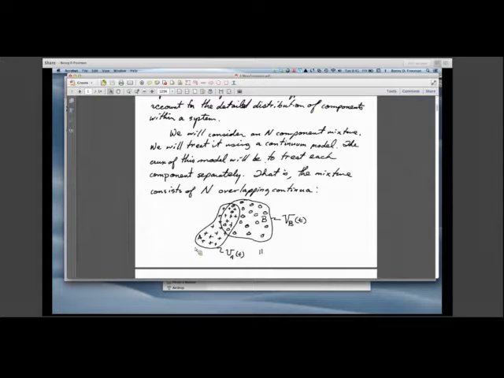The picture we're going to look at starts with this one. We're going to consider an n-component mixture, where n can be 1, 2, 3, 5, 10, hundreds. An n-component mixture will be comprised of separate overlapping material volumes.